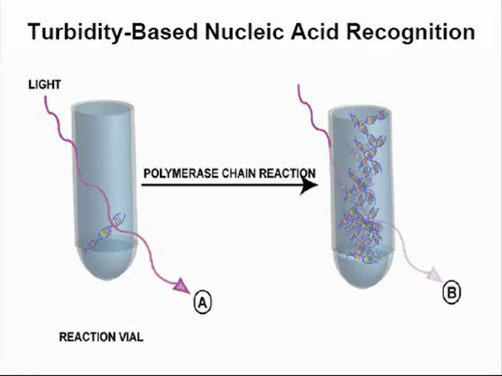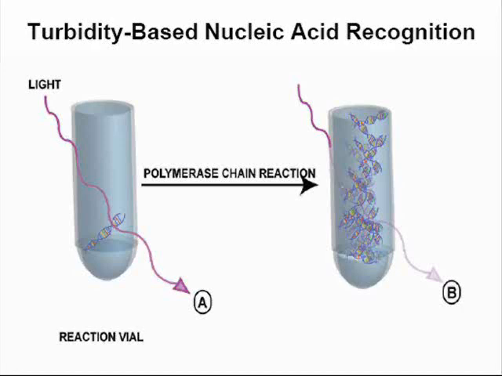Light is then passed through again and is very inhibited by the pieces of DNA. In actuality, this reaction vial becomes cloudy depending on how many PCR reactions were performed. Therefore, one can put this vial into a spectrophotometer to determine if you have a positive result or not.